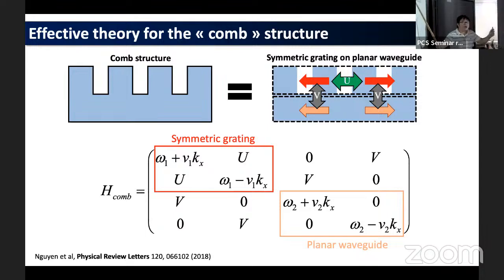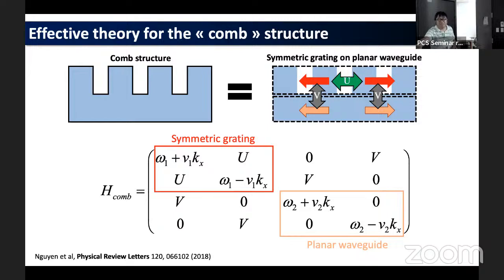There's no intra-layer coupling in the planar waveguide, but you have interlayer coupling between the forward of the grating and the forward of the planar waveguide, and the backward of the grating and the backward of the planar waveguide. These couplings happen by evanescent coupling. So light propagating here can also travel below and vice versa.